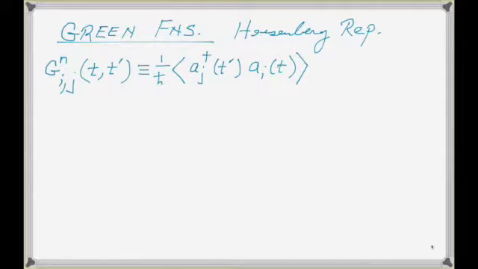Gn is what some people like to use; traditionally, it was written as G less than. Same thing, except there's just a factor of i to carry around. And this comes about because of its relationship to the other Green function. So the only difference is I've got a factor of i in there in the definition of G less than.